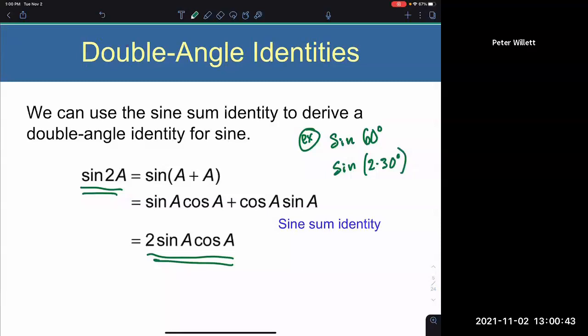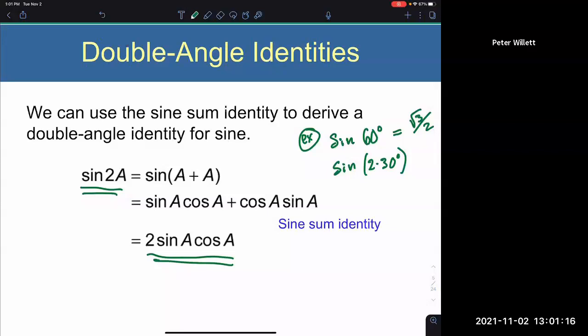And so the sine of 60 degrees is the y value of the point on the unit circle at 60 degrees, which if we draw that out or look at it, we can see is the square root of 3/2, one of our more commonly used angles and values that we work with. And so apparently we should get that if we instead use this double angle formula and do a sine and a cosine of 30 degrees.